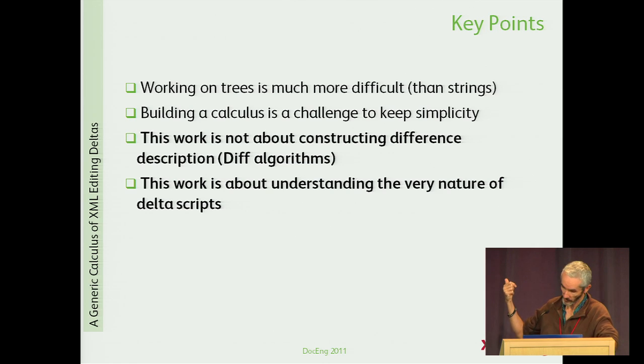I showed you the first example on strings, but it's more difficult with trees, as you will see, we will develop that later. And also, when you try to build a calculus, the true challenge is to keep it simple. And you constantly have to reduce the first proposal you had, your intuition, to something more simple.